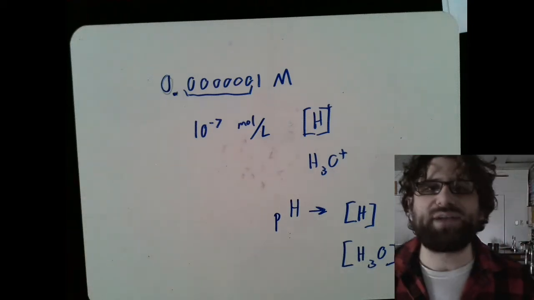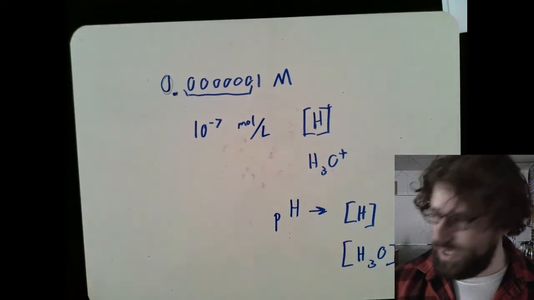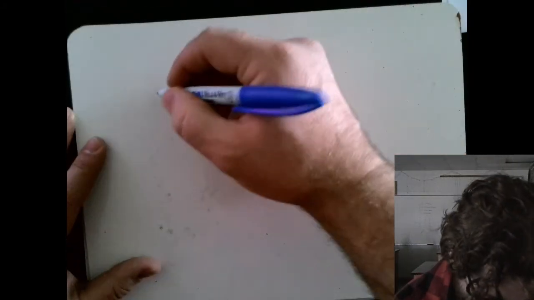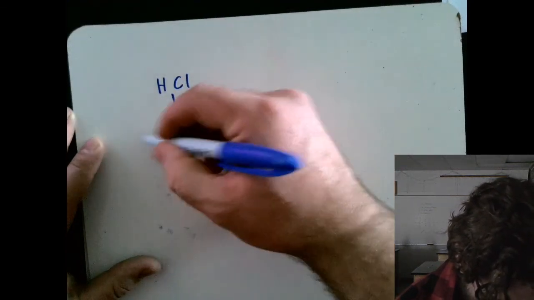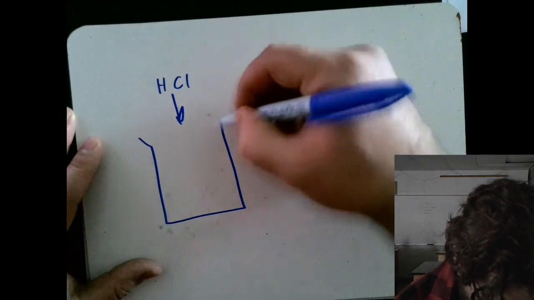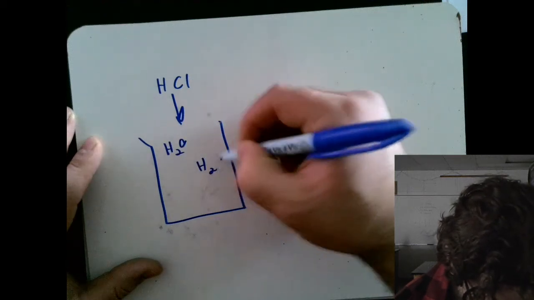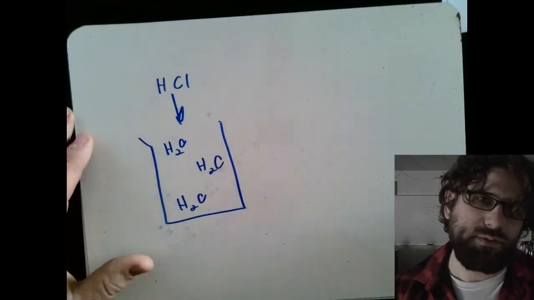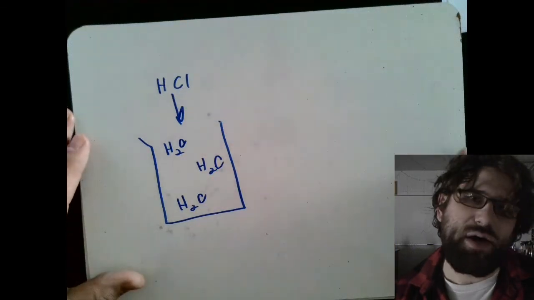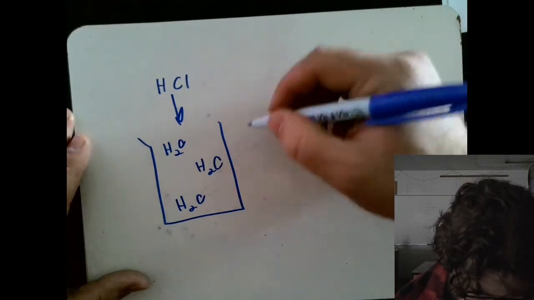So if we go back to our examples of hydrochloric acid and sodium hydroxide that we were looking at yesterday, then HCl gets added into a beaker that's already full of a bunch of water molecules. And when that happens, if I add a substantial amount of hydrochloric acid, then what's really going to happen is it's going to break up.